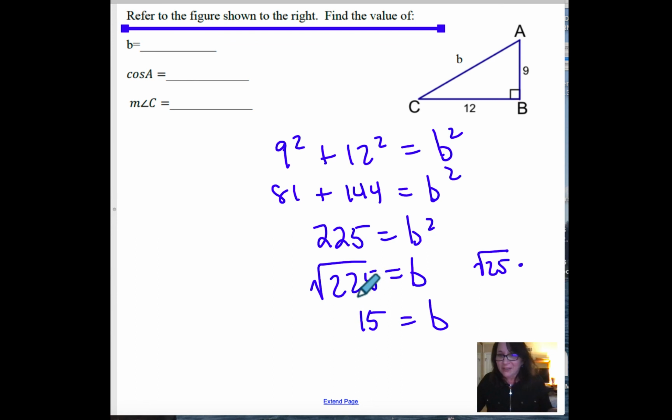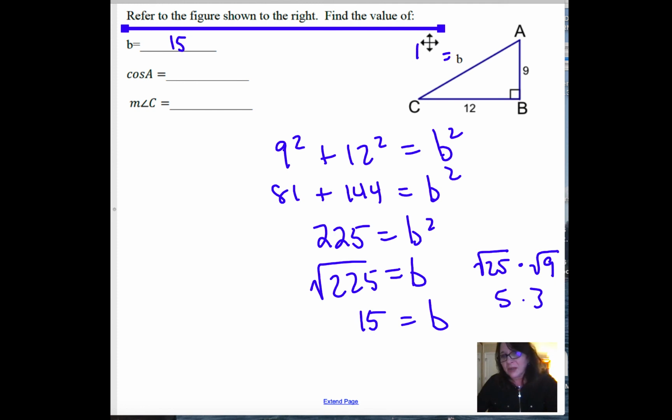In this case, we've got 25, 25, right? There's 4 in 100. There's 8 in 200. And then there's 9 in 225. And so this would be 5 times 3, which is 15. So either way, I know, 15. Okay, so 9, 12, 15.